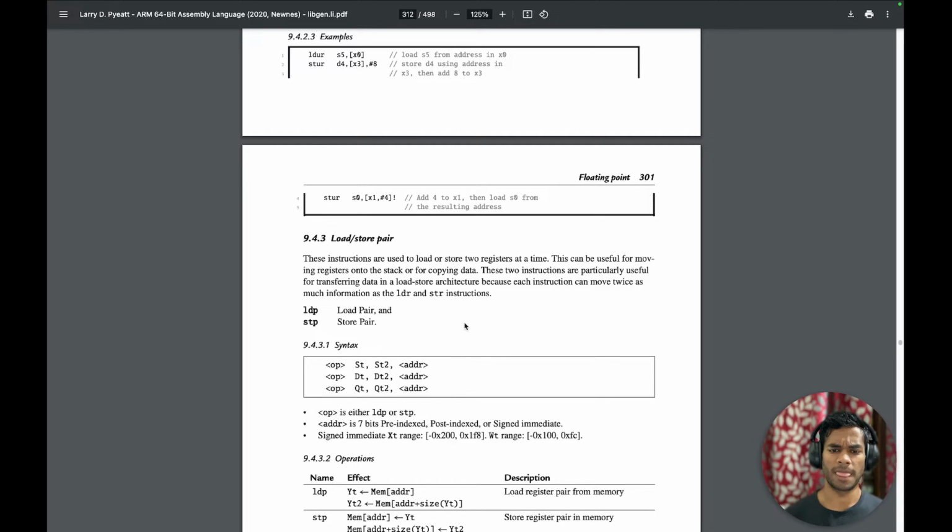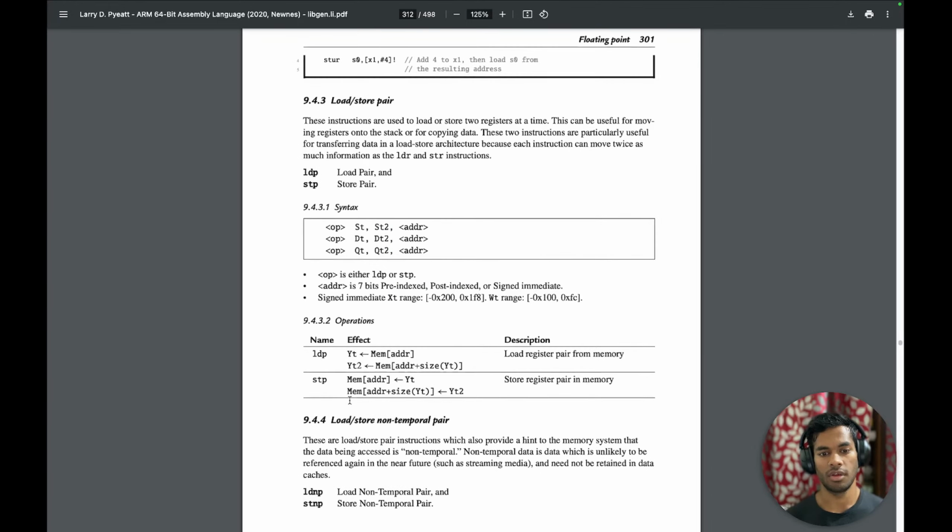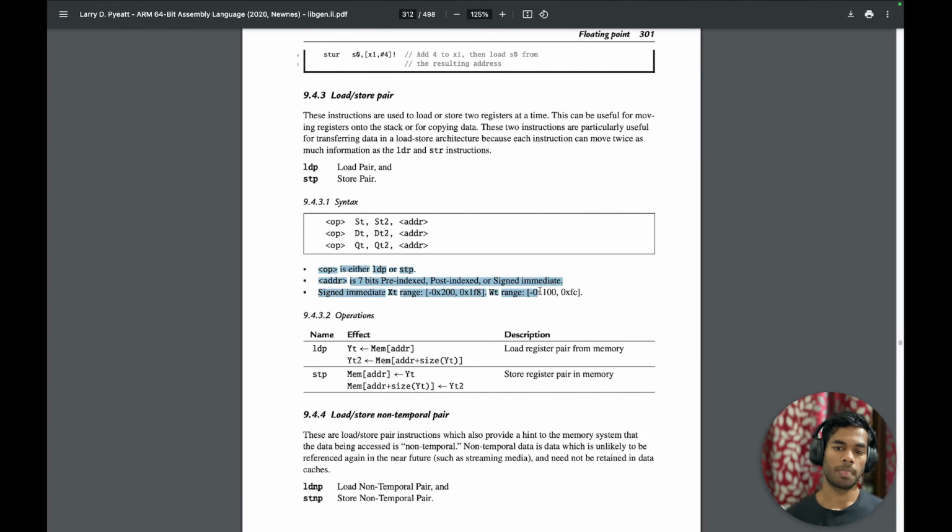Yes, because I am dealing with a pair, load pair, store pair. Well, that is what we normally do, and I can provide the registers that I want in this operation. These are the operands.